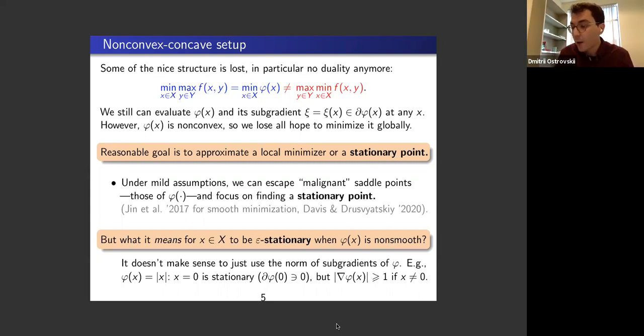Okay, so now I would like to define the criterion with which I will be working, and this criterion will, by extension, be used in the non-convex-non-concave case, which is actually addressed in the paper.